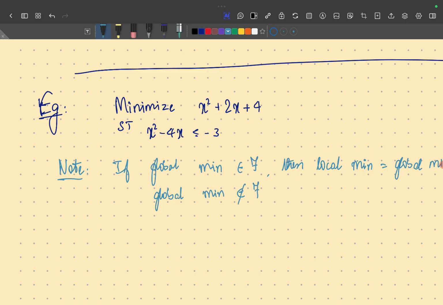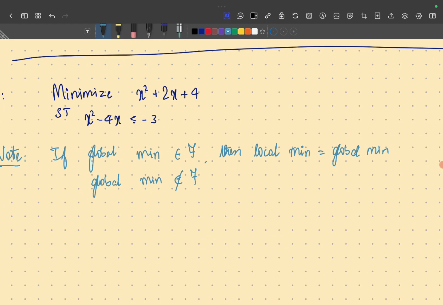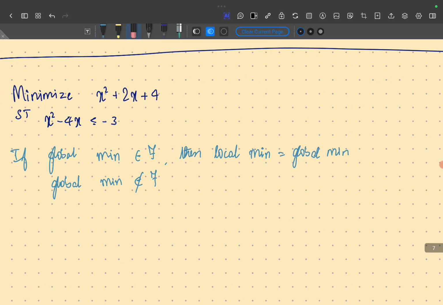Let us now assume that the global minimum does not lie in the constraint set. It lies somewhere outside the constraint set. Then what can you say about the constrained minimizer, or I should say, constrained minimum?